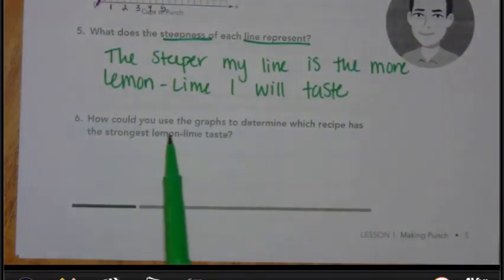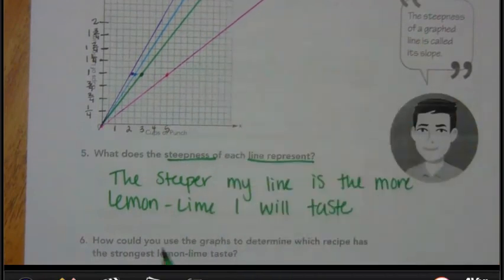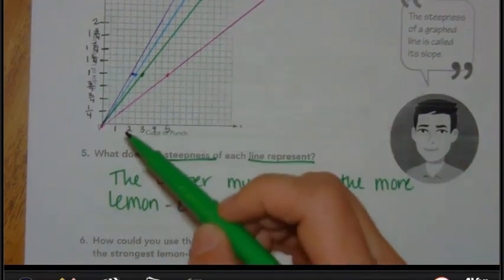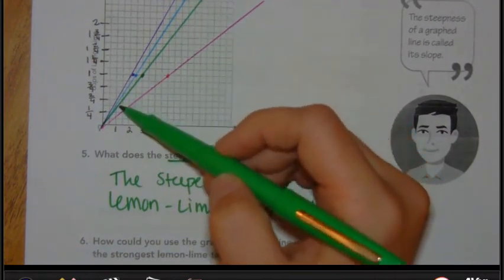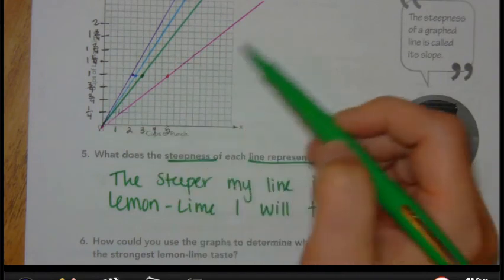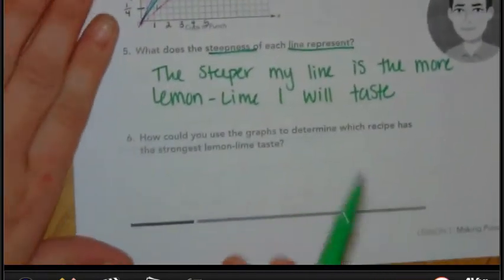Okay, how could you use the graph to determine which recipe has the strongest lemon lime taste? Well, by looking at the graph, I can see which one is steeper. I see that Carlos is steeper, so purple is steeper. I'm going to have more lemon lime. Now, which color has less lemon lime in it? It looks like pink, and we said it was Zeb, and look, pink matches Zeb.